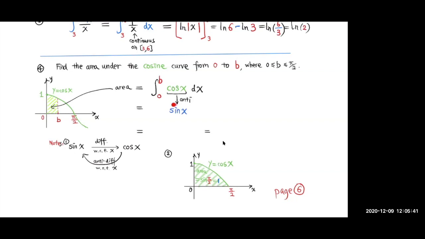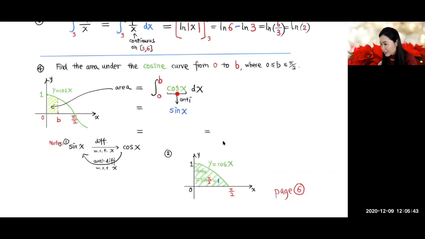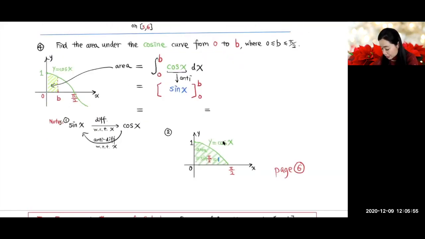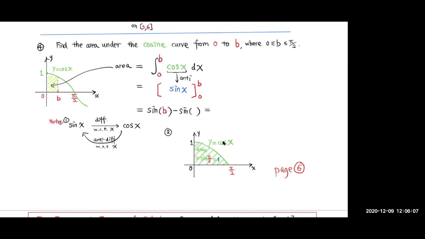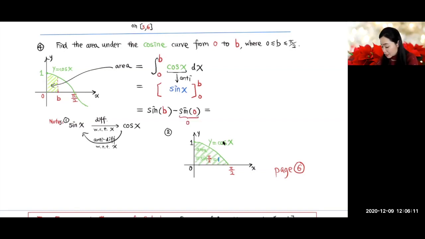The derivative of sine x is cosine x. Now we substitute the upper and lower limit here. So we have sine of b minus sine of 0. What's sine of 0? 0. Very good. So this is just equal to sine of b.